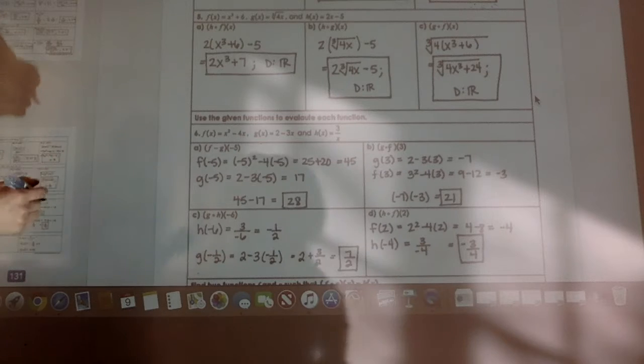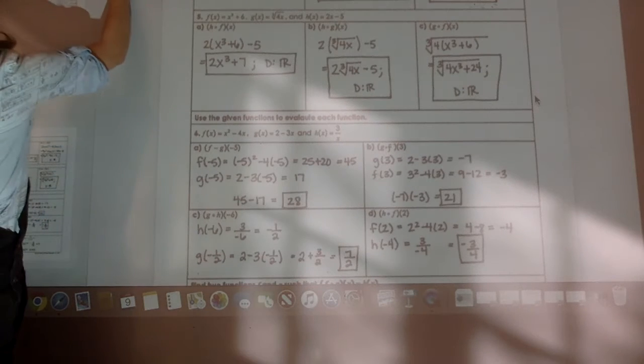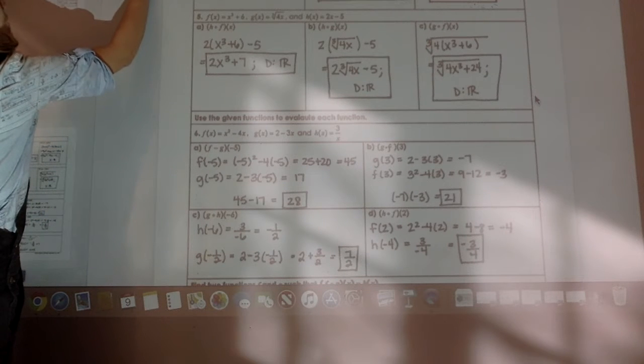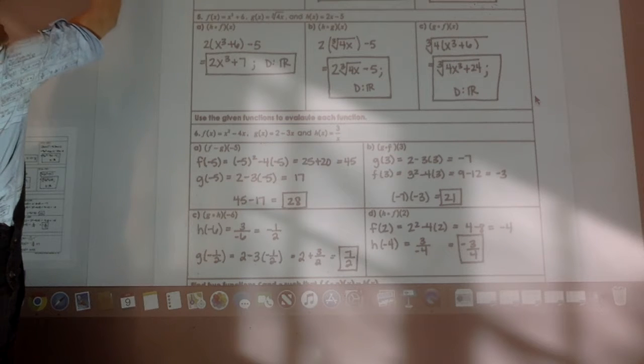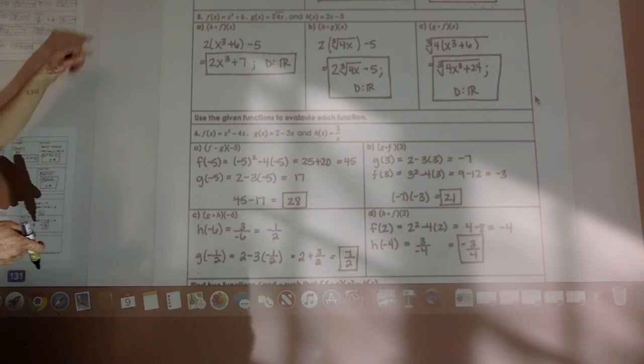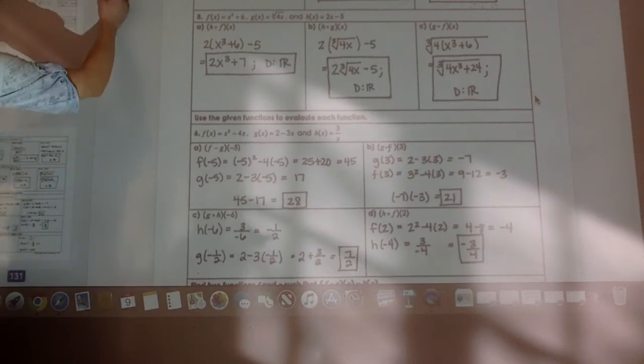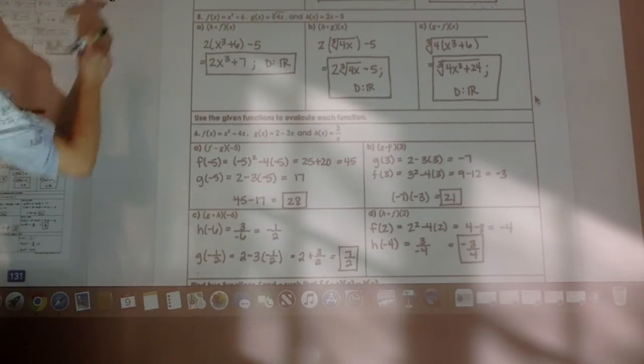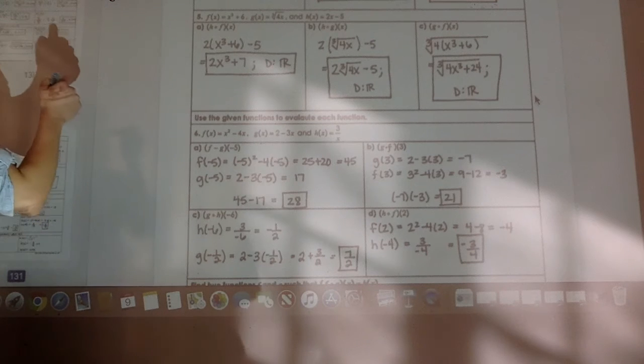Yes. So in 4b, I have h of g of x. So I wrote it as h of g of x. I am essentially doing h of 3x plus 1. So I'm plugging 3x plus 1 into my h function.